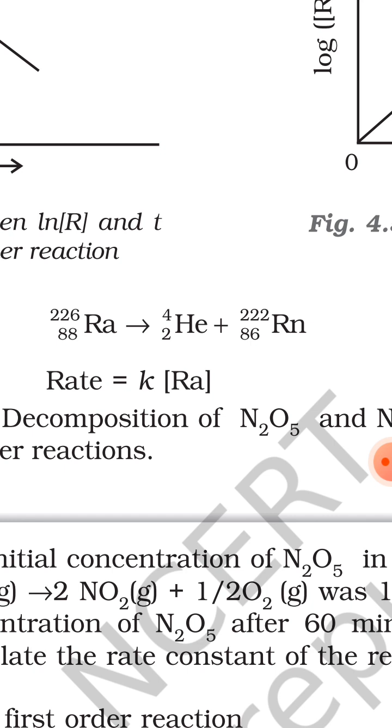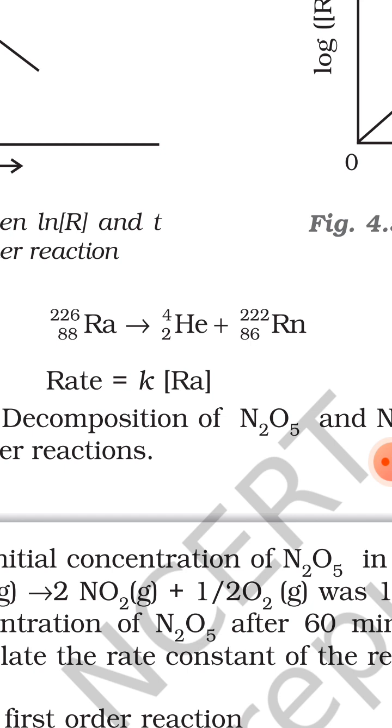The element which forms from the decay of the unstable nuclear element radium is Rn. Now this Rn has atomic mass 222 and atomic number 86. Why 86? Because it has lost two electrons.